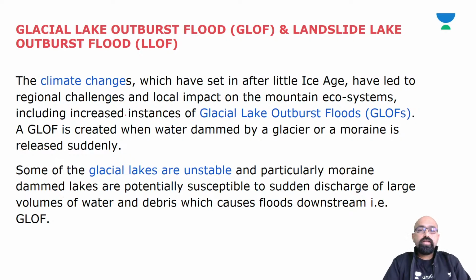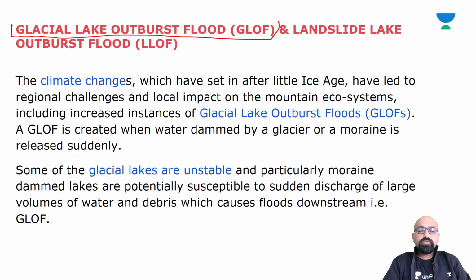Now, as I told you, glacial lake outburst floods. Flash floods caused by the outburst of glacial lakes are called glacial lake outburst floods, and these are well known in the area of the Himalayas.